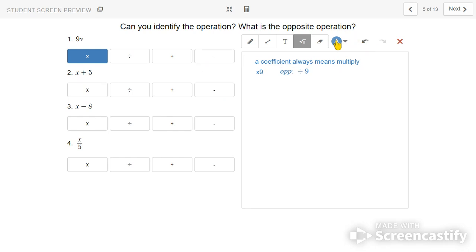Let's look at our second example. The second one, we have x plus 5. What's the operation being applied to the x? It's addition. We are adding 5. So the opposite of adding 5 would be to subtract by 5.